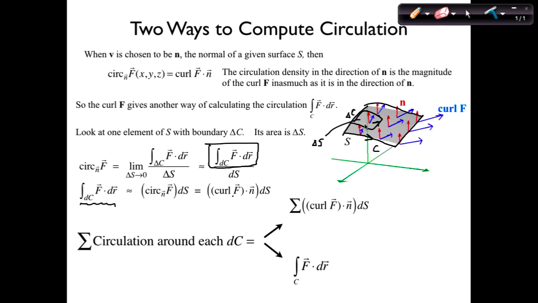So summing up the circulation around each little element can be thought of in two ways. Summing up all the curl of F in the direction of n times the area, or just summing up all the edges that don't get canceled out, and that ends up being the whole boundary of the surface.